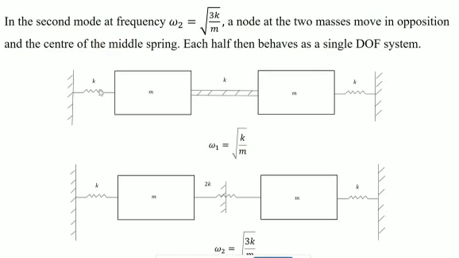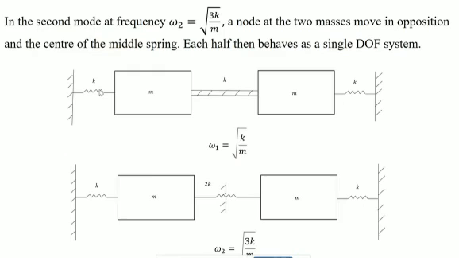So the summation of the stiffness of both of them is opposing the motion, and the displacement is common for both the springs.